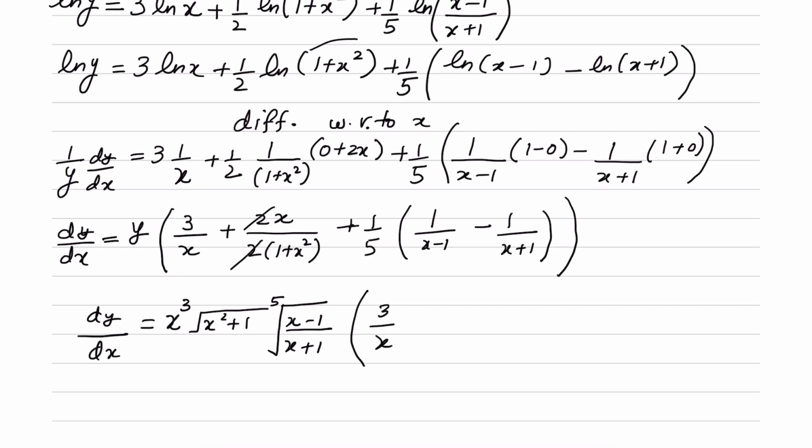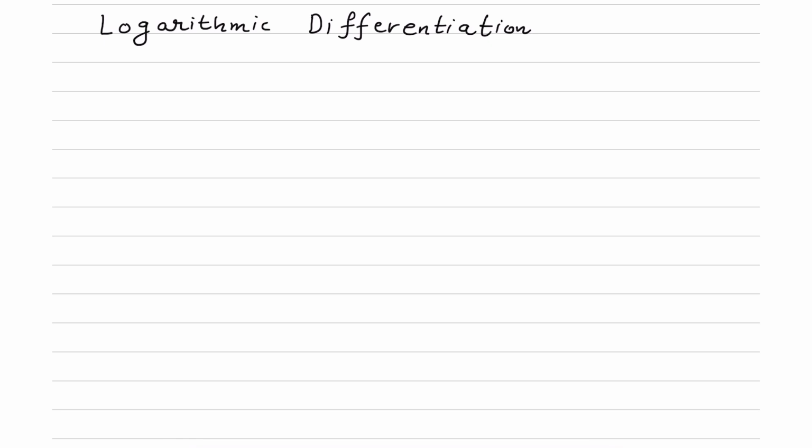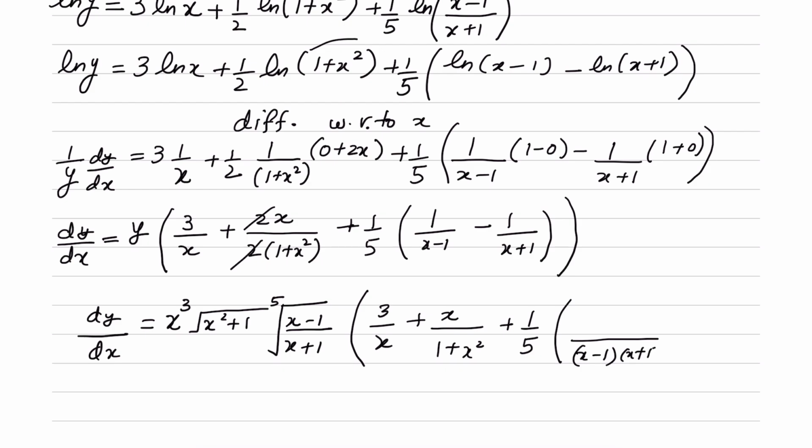This 2 cancels with this 2 plus x by 1 plus x square plus 1 over 5. Here we can take the LCM, x minus 1 into x plus 1 and x plus 1 minus x plus 1.